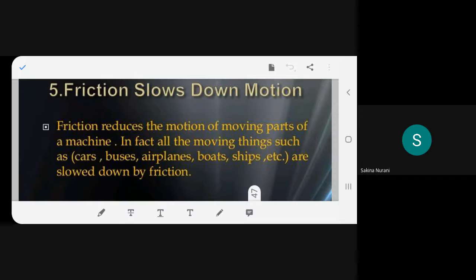Why? Because of the opposing force of friction. Friction is not letting them have the speed they want, but they get low speed. Why? Due to friction. You understand? Yes, ma'am.